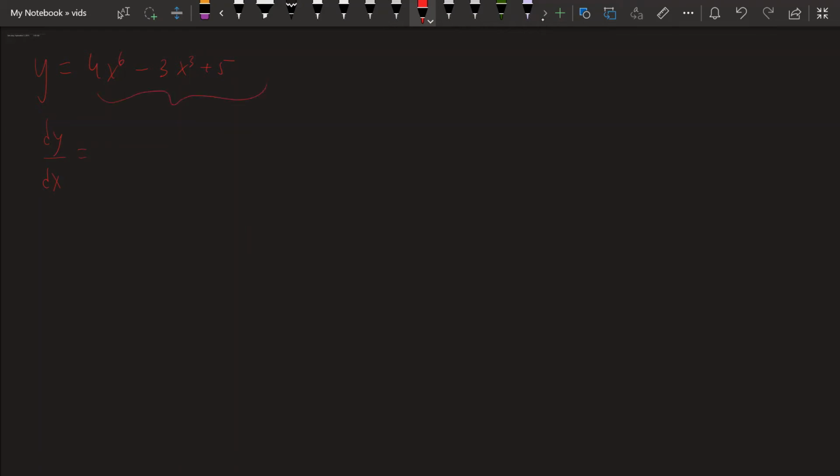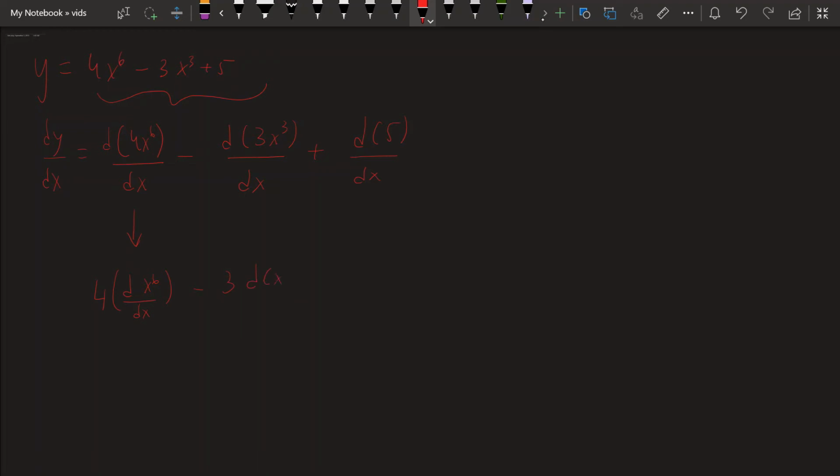Well, it's the sum rule, or the difference rule in this case, and it's going to be the derivative of 4x to the power of 6, minus the derivative of 3x cubed, and plus the derivative of 5. So what can we do here? We can factor out the 4, and we can say the derivative of x to the power of 6, right?